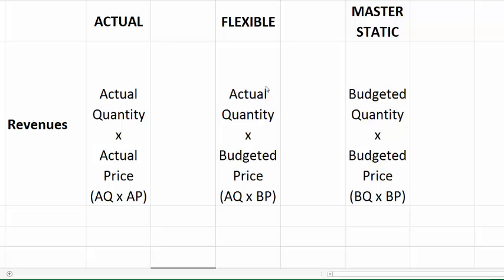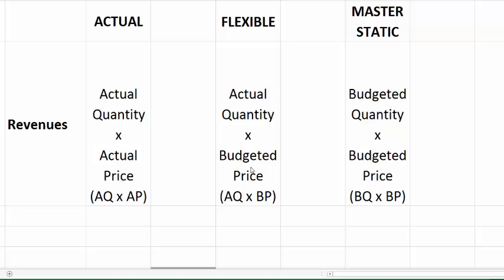The actual results is the actual quantity we ended up selling times the actual price that we ended up getting for those. And then in the center, the flexible column is the actual quantity that we're bringing over from the actual results, but times the budgeted price, or what we had originally planned.